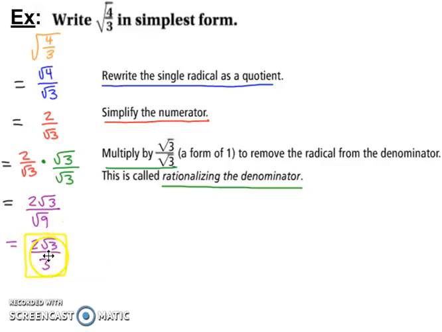We see that we do not have a fraction in the radical symbol, and we do not have a radical in the denominator of the fraction. So this is the simplified radical expression of the square root of 4/3.